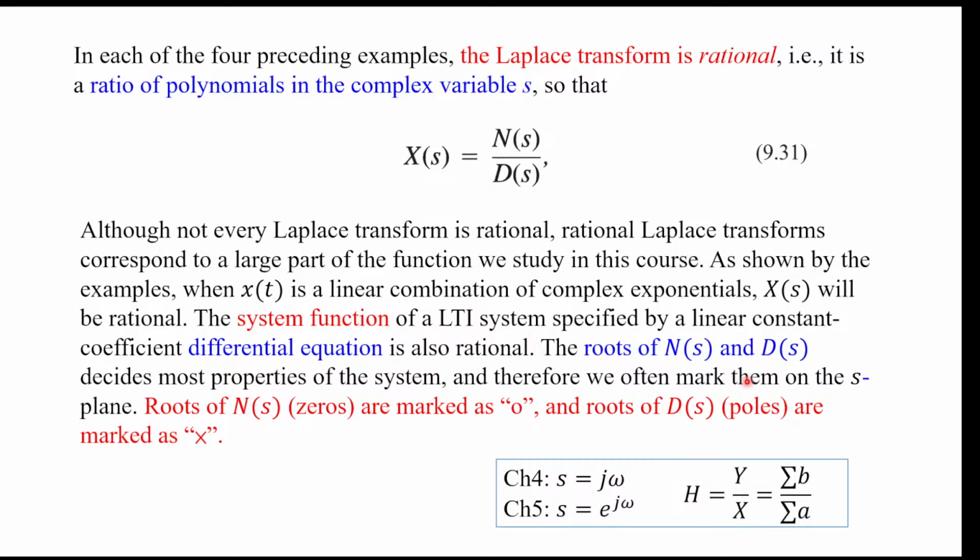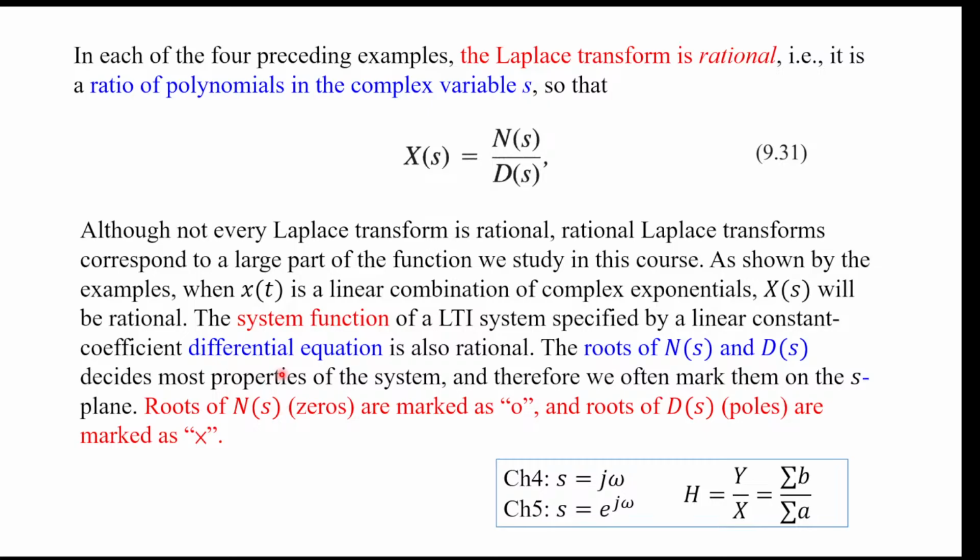Okay. So rational functions are very important, and we'll analyze these rational functions by looking at the roots of these two polynomials. So we have a polynomial N and a polynomial D here, okay? And the roots will be very important to our analysis, and we want to mark them on the complex plane. Okay? So the roots of N will be the values of s where N of s equals 0.